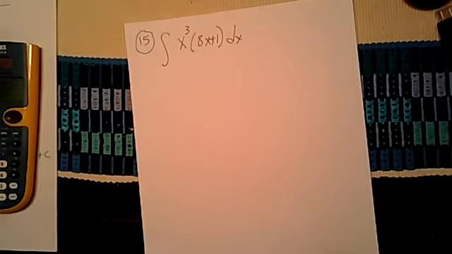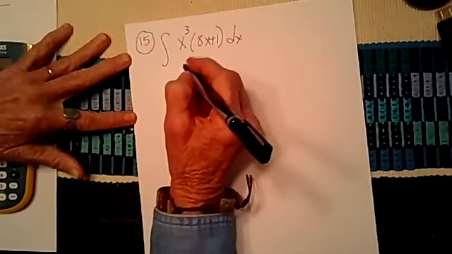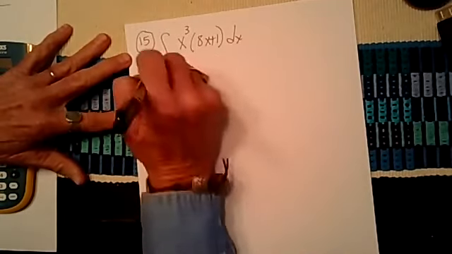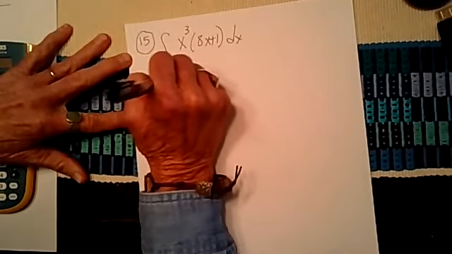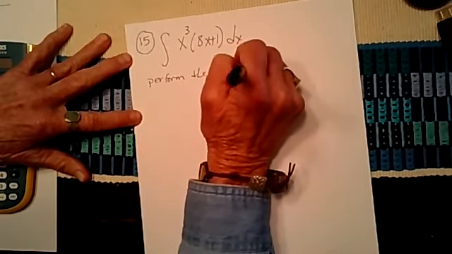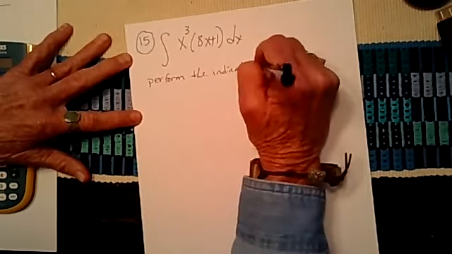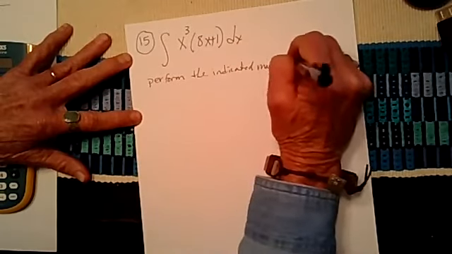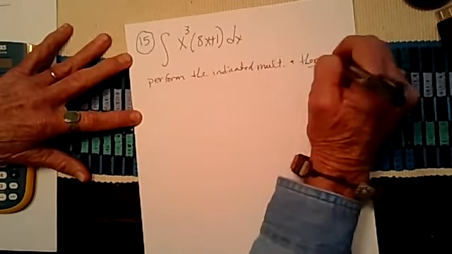And I don't have a product rule. So what do you have to do? You have to read the instructions. It said perform the indicated multiplication and then integrate.